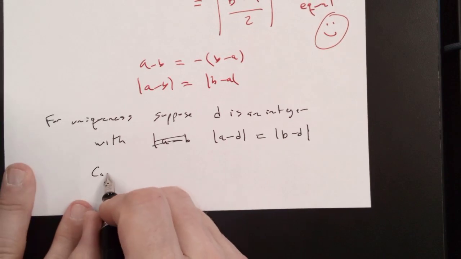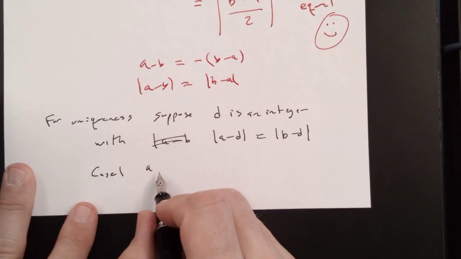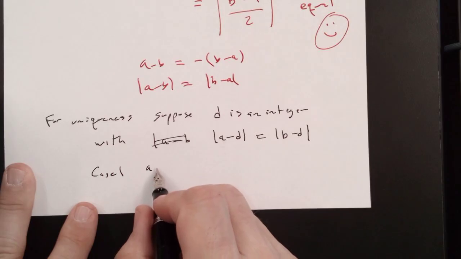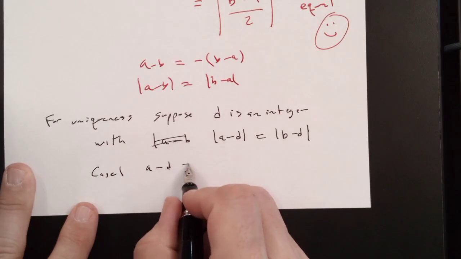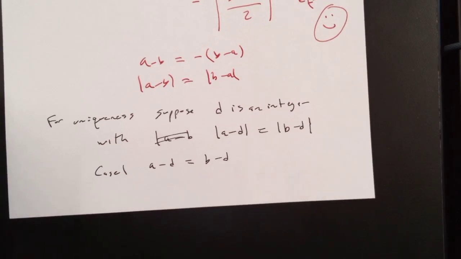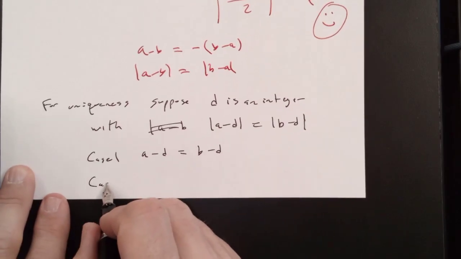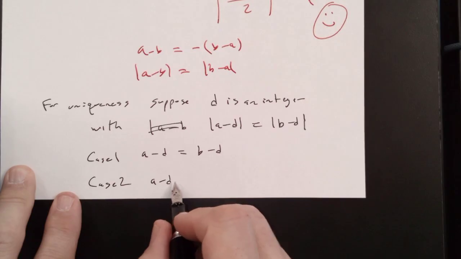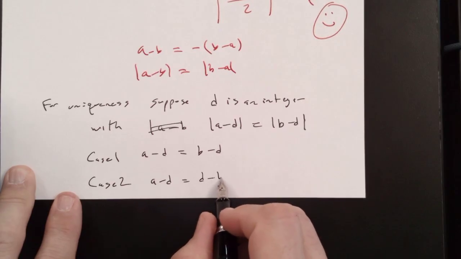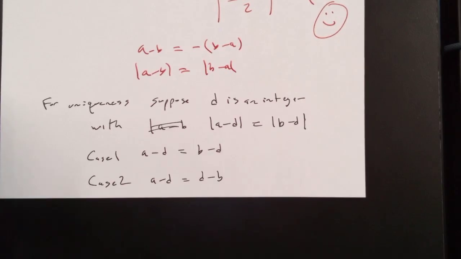So case one, A minus D equals B minus D. Case two, A minus D is equal to D minus B. Those are the two cases. Hey, what happens in case one?